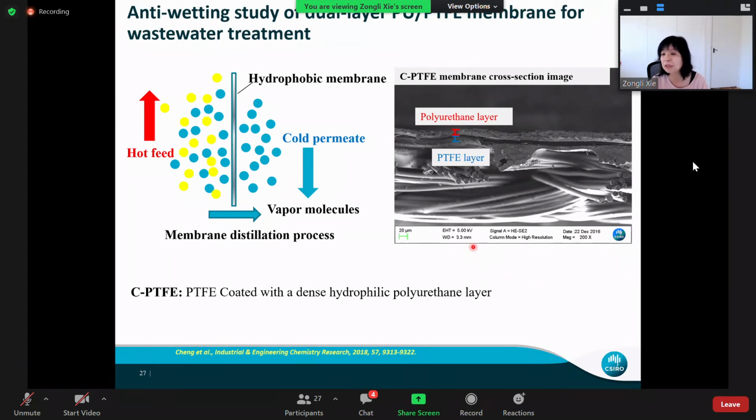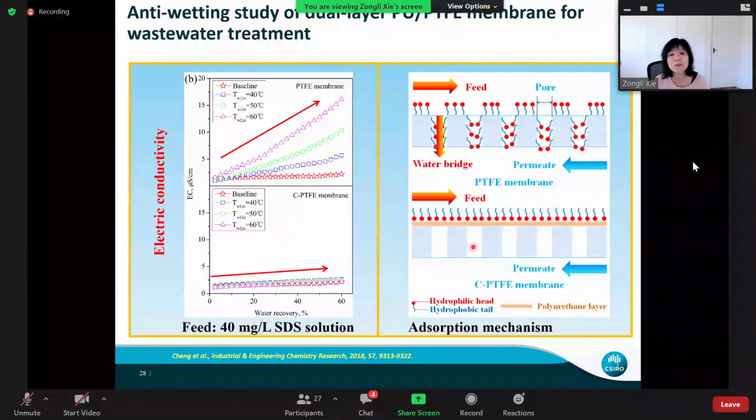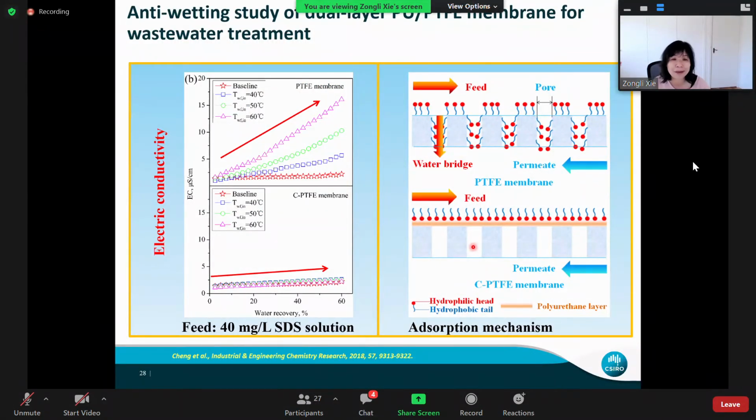And that bottom PTFE layer has a pore size of about 0.45, so it's a very typical microporous MD membrane. Then we tested this membrane for anti-wetting properties. What we did was simulate it using a surfactant, SDS, a very common surfactant present in, for example, textile wastewater.